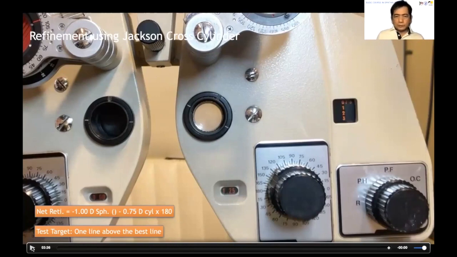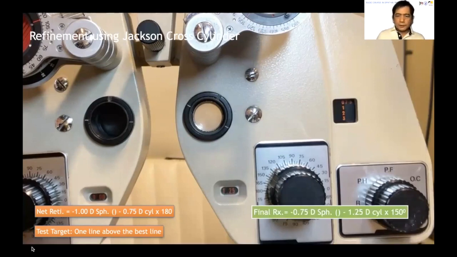Meaning, if you are increasing the minus cylinder power, you will decrease the minus spherical power. In this case, we added 0.50 diopters cylinder, so we decrease 0.25 diopter sphere. So your final prescription now is minus 0.75 diopter sphere combined with minus 1.25 diopter cylinder at axis 150.